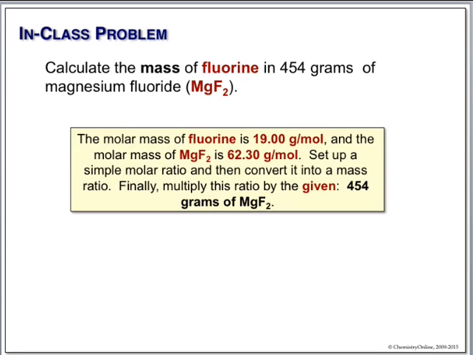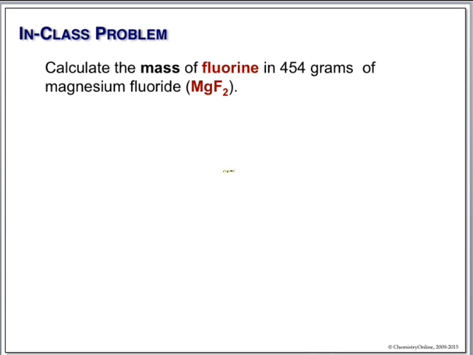Our given, which is our 454, is going to be multiplied by the ratio, the molar mass as a ratio. Putting it all together, we have 2 moles of fluorine in every mole of magnesium fluoride, right?